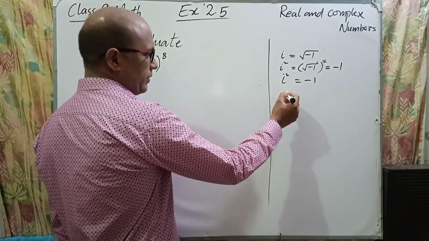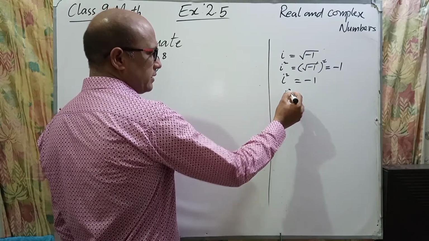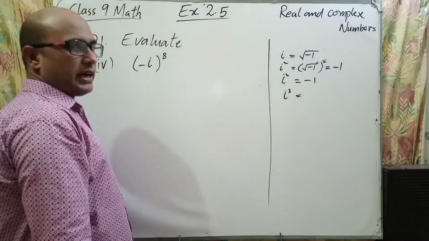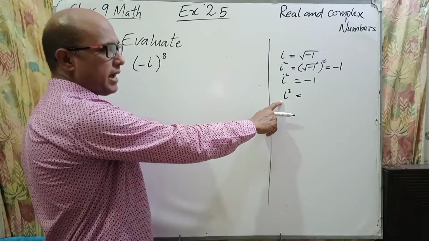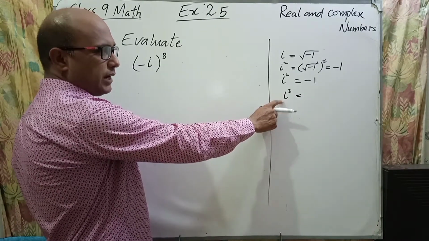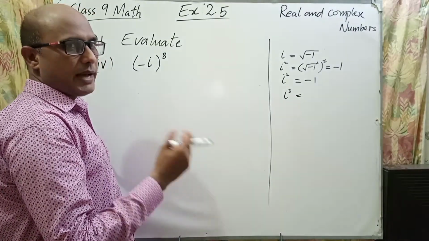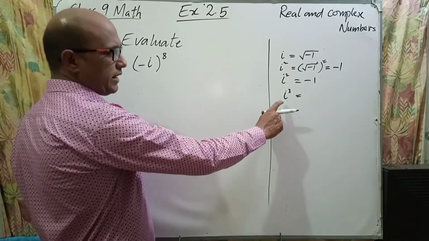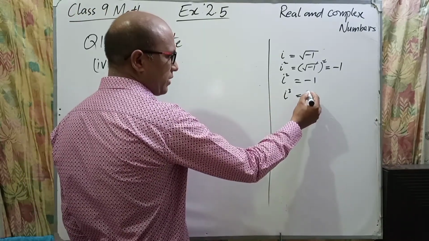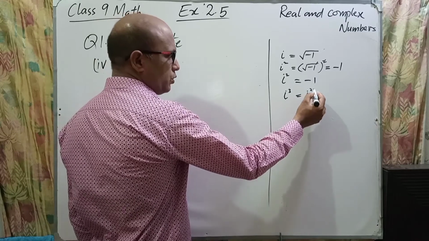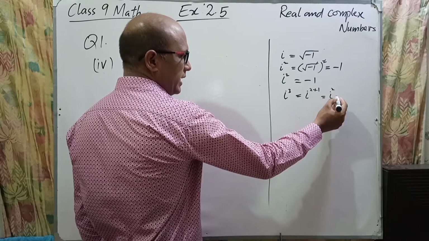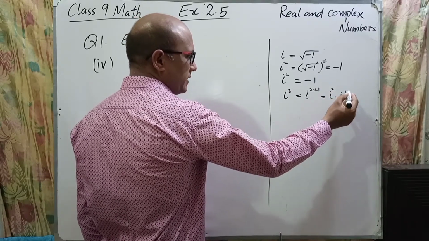Students, in the same way, if we find iota cube, let's see what it will be. Iota is an imaginary number. Students, i or iota denotes an imaginary number. So we find real numbers from the imaginary numbers. So we can write it in this way: 2 plus 1, and in the next step we can write iota square dot iota power 1.